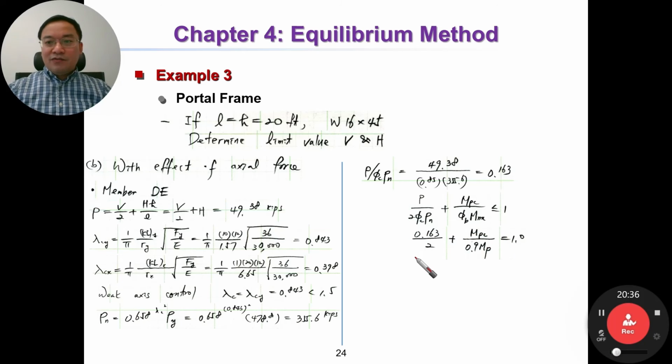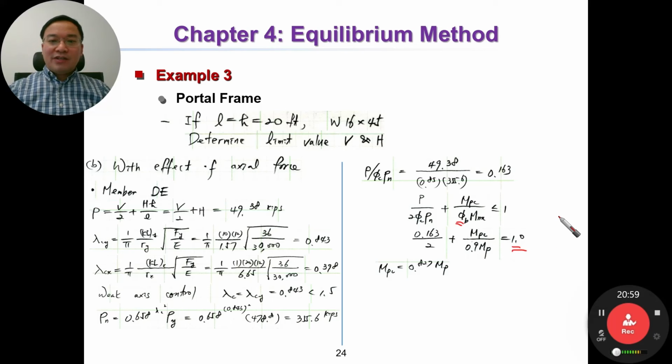Then this ratio equal to 0.9 for beam. And MP, we know MP, and the maximum is 1.